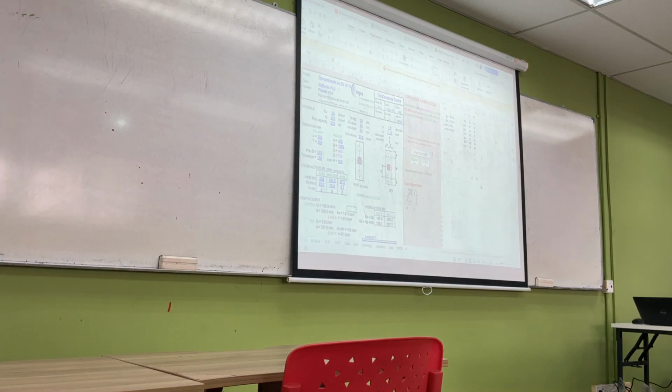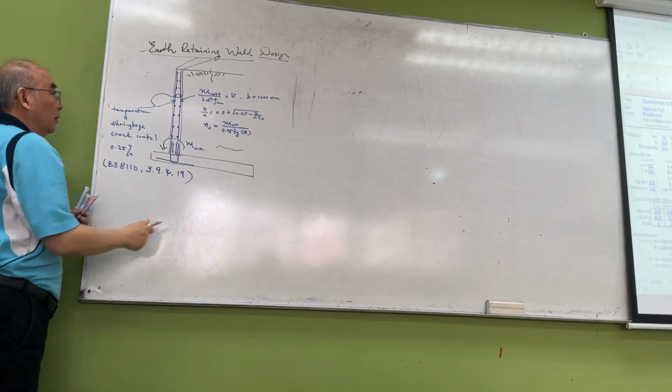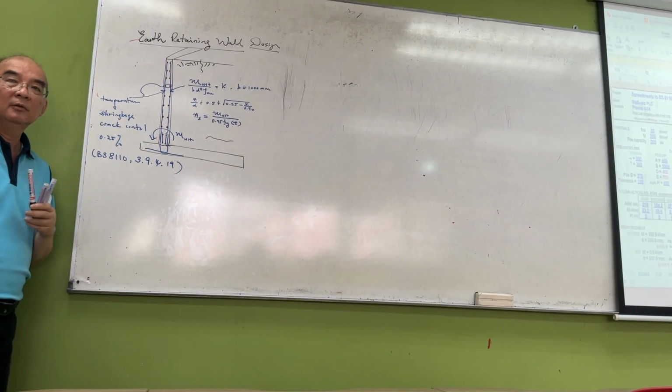Now, when you look at the slab, what are the loadings acting on the slab from the top? First, you have the soil weight, right? This soil is sitting on here, right? And also, you have the wall weight. Also, you have this bending moment.